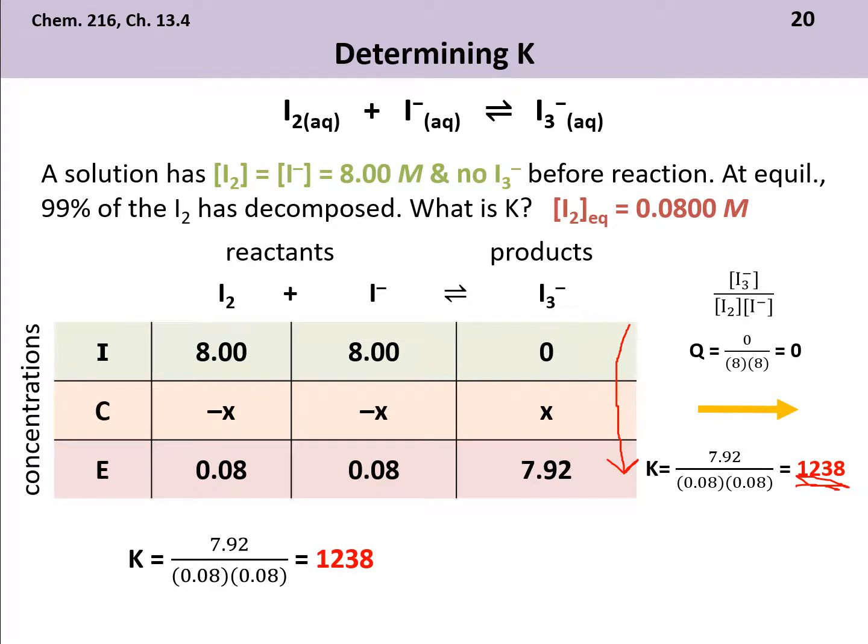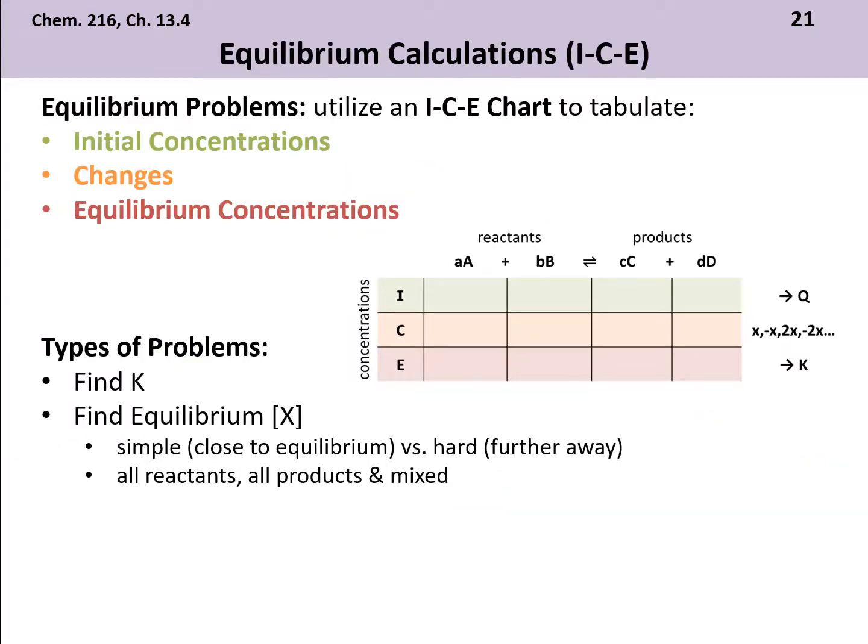This is an ICE chart problem, okay? So I start with my reaction. My reaction's up here. I put initial, change, equilibrium. I use my initial values to find Q. Then based on Q, I can figure out my changes.